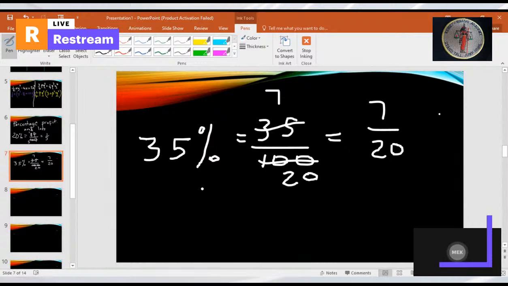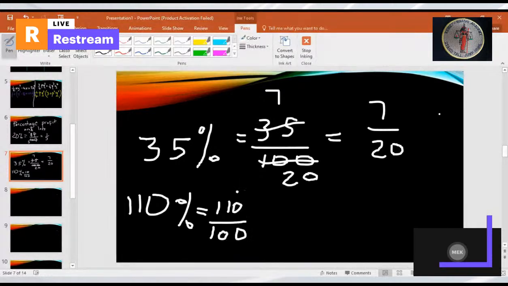But you can have 110%, you can have 150%, you can have 900%. But what would that mean in terms of the whole? So let's say we have 110%. If we write that down, that would be 110 over 100, and the zeros cancel each other.